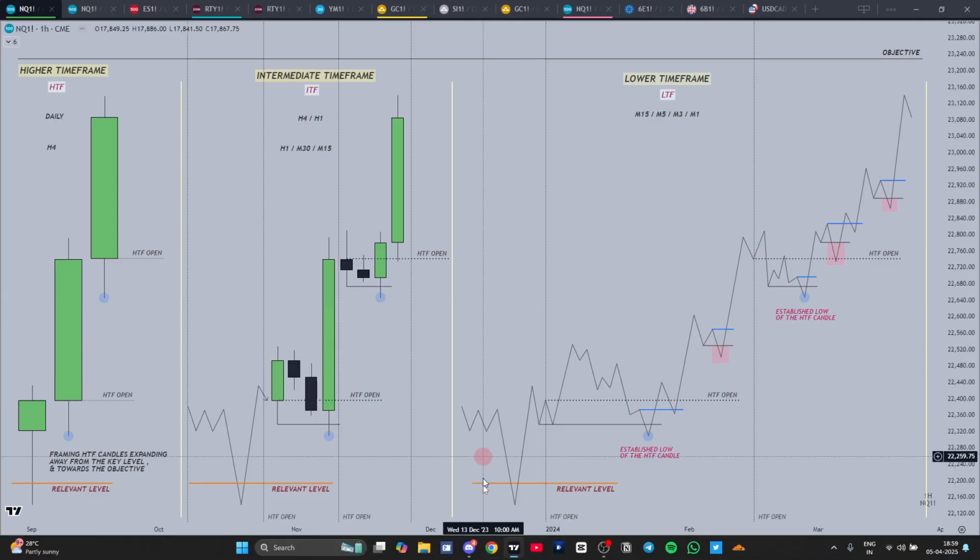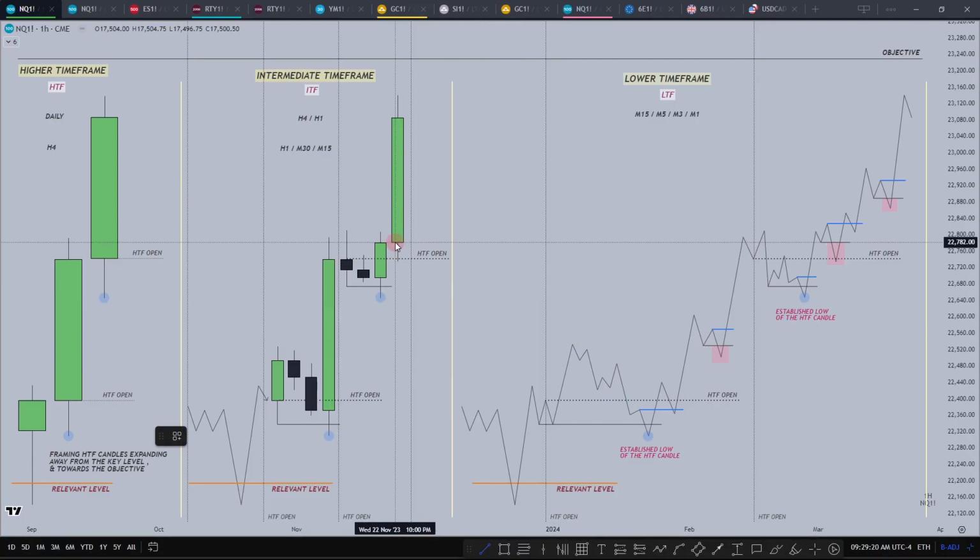So I frame this candle's OLHC the same way, open low high close, and sometimes I do frame this candle as well.